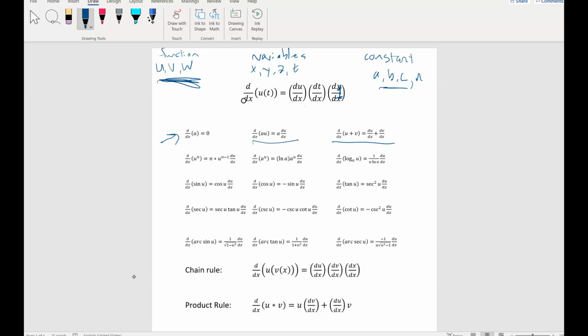And the way the power rule works is you multiply the front of the function by the power, and then you drop the power by 1, and then you multiply that by the derivative of the function because of the chain rule.